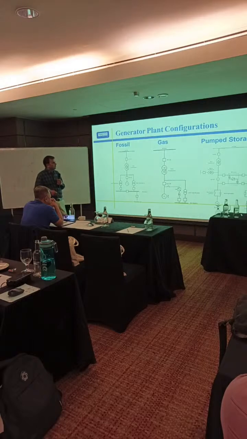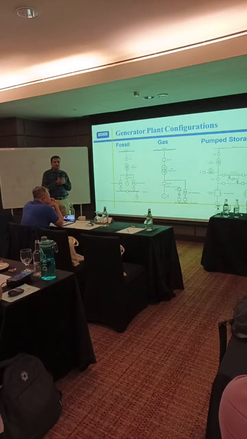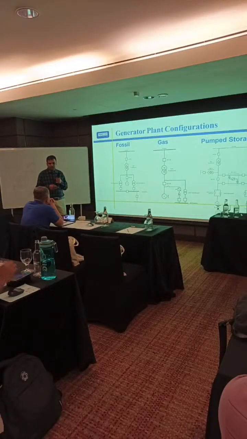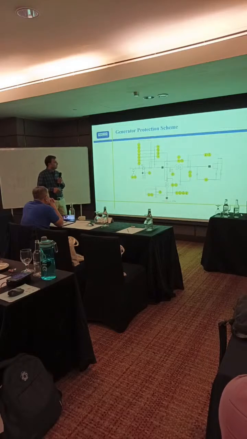That is why sometimes it may operate the differential protection. So these two plants have different differential schemes. The basic concept is the same, but to block the differential protection during the generator running, there is a scheme followed in different plants. We will see it in the coming slide.